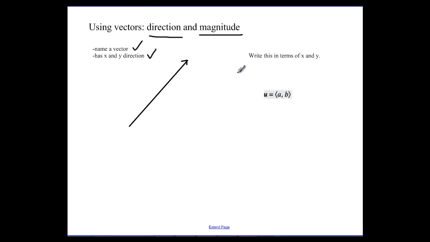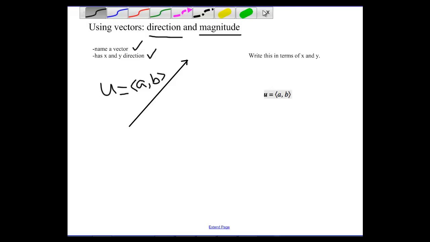So when we name a vector, this vector we're going to call u, and the vector is given in terms of its x coordinate, which we're going to call a, and its y coordinate we'll call b. So really, any vector is just given in terms of its x length and its y length.